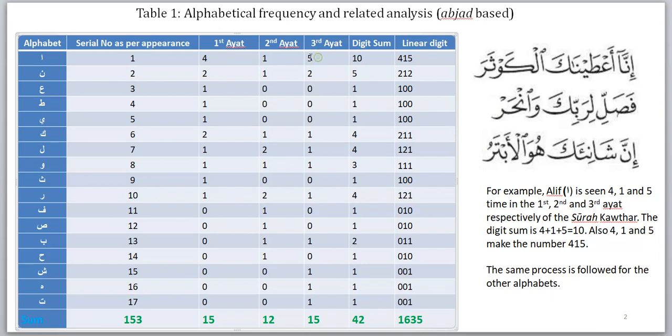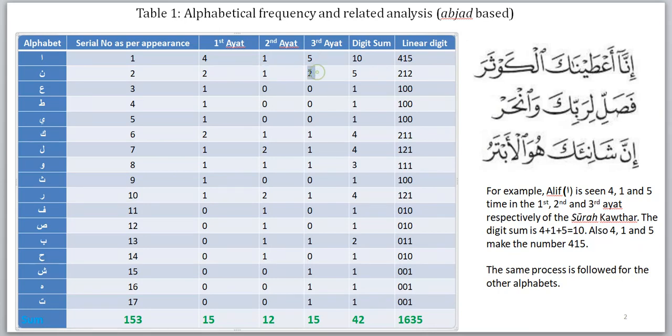So the five alifs will be in the third ayat, and likewise for the noon, which is serially at the second position. In the first ayat, two noons appeared: in Inna shani'aka, one noon, two noon. In the second ayat, fasalli li rabbika wanhar, just one noon.